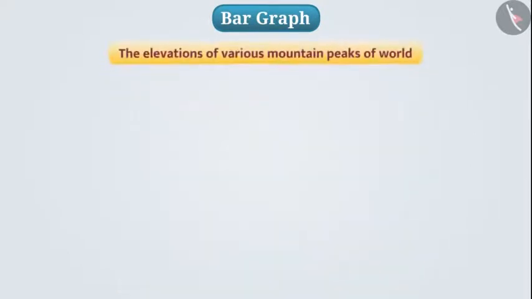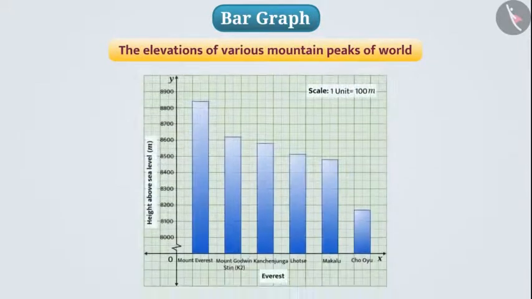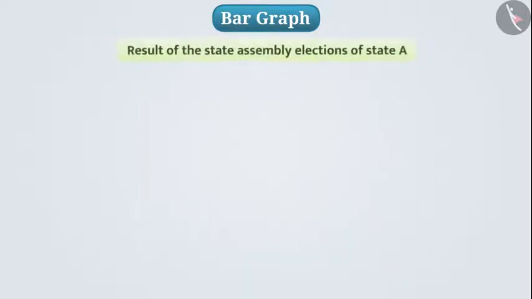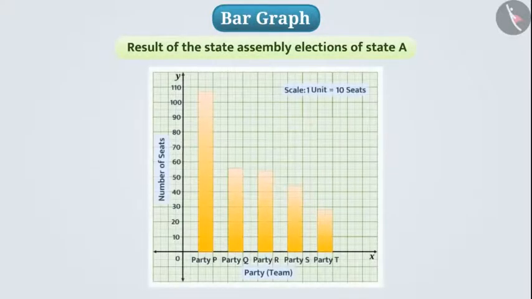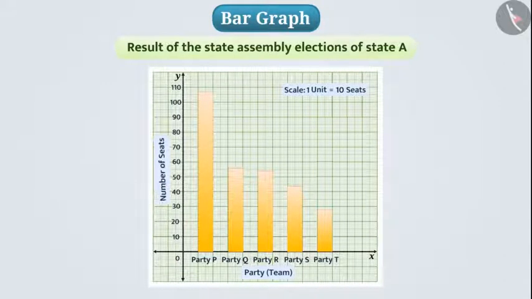The elevations of various mountain peaks of the world are shown in this bar graph, so that we can compare them. Similarly, the result of the State Assembly election of State A is shown in this bar graph. Looking at this, we can compare the seats won by different parties.